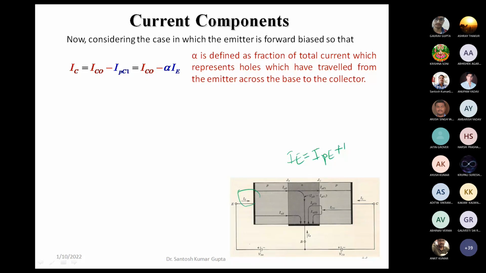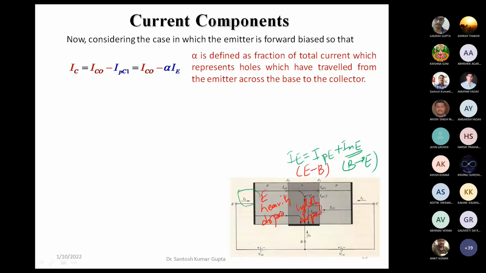Electrons are injected from the base into the emitter, whereas holes are injected from the emitter into the base. The emitter we have seen is heavily doped, and the base is lightly doped.